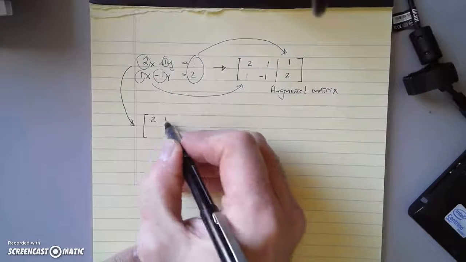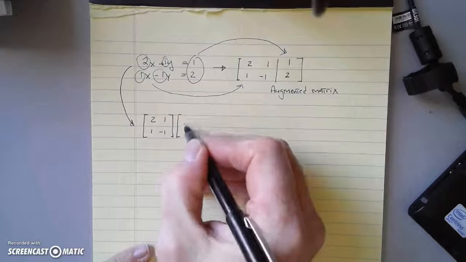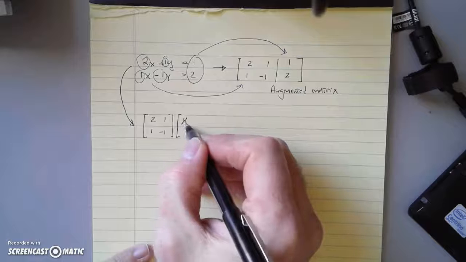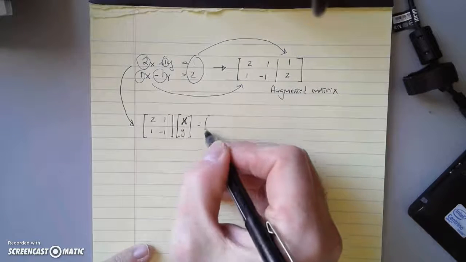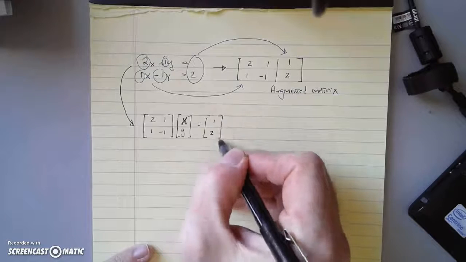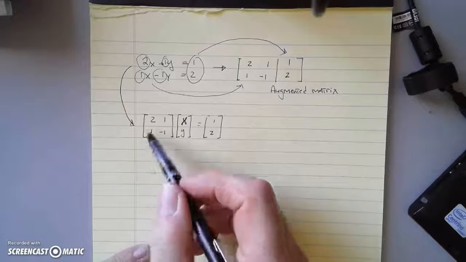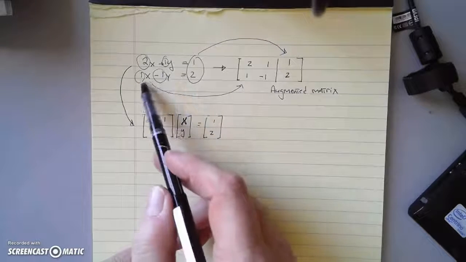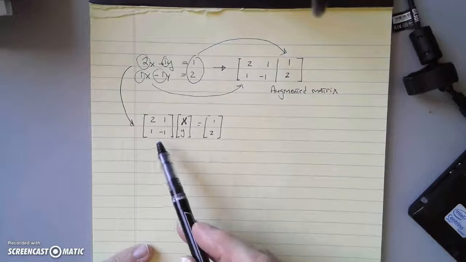as a matrix. Once we learn how to multiply matrices, we could view this as a matrix equation, and we will later on. So these are three equivalent ways of representing this problem: a system of linear equations, an augmented matrix, or a matrix equation.